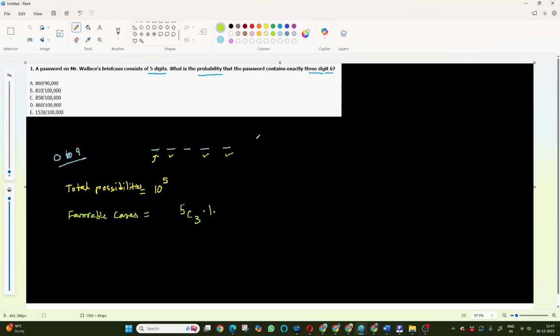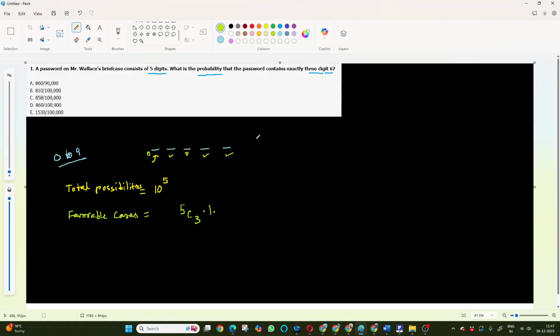Now we are left with the remaining 2 slots, which are our first slot and the third slot. In these 2 places, what are the possibilities that we have? The only numbers that can go here from 0 to 9 are the ones except 6, because we need to have exactly 6 at 3 places.